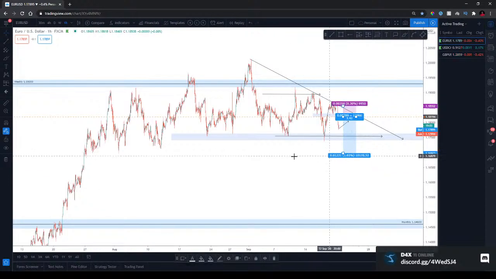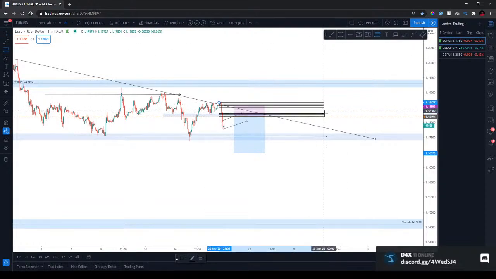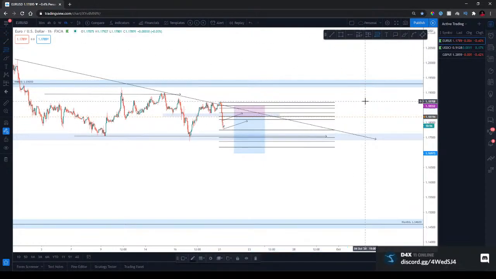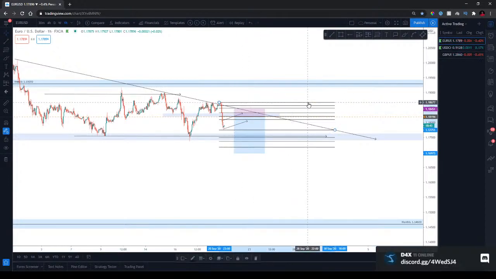Nothing too special, nothing too crazy. SL can be as low as 20 pips, but I'm going to increase it to 25 pips and go for close to a 5-to-1.